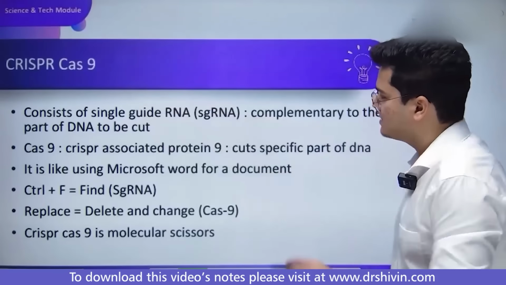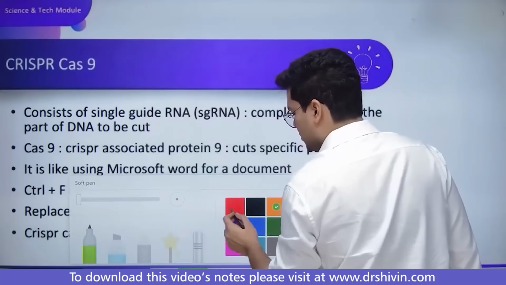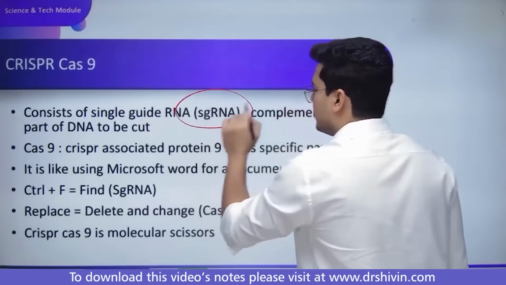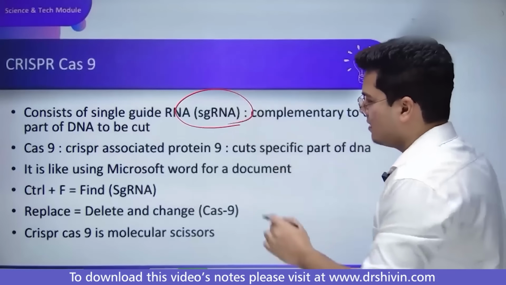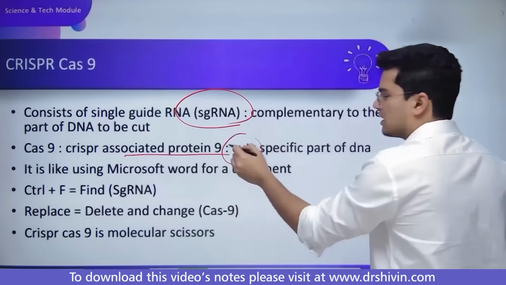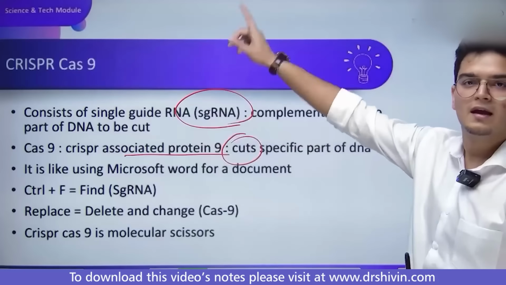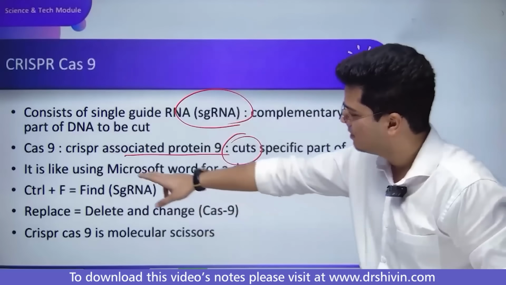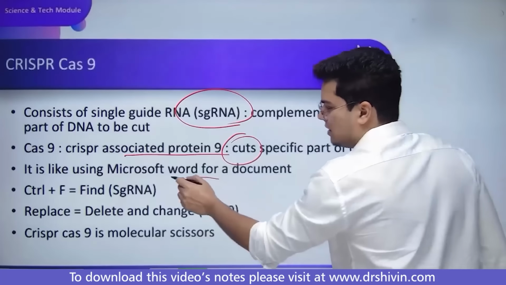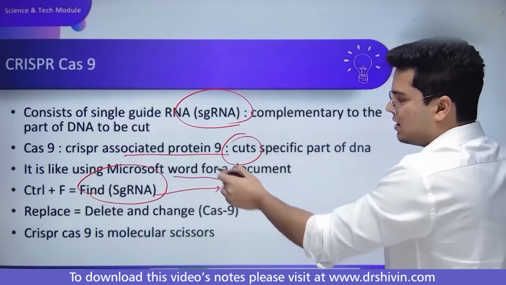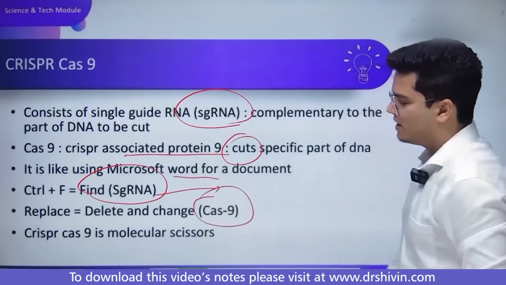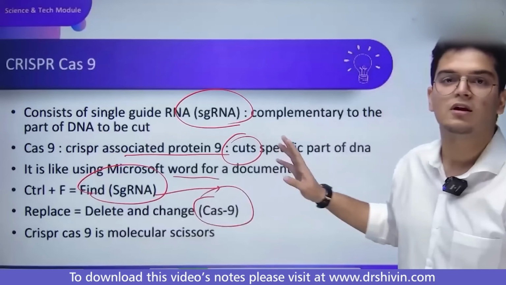So CRISPR-Cas9 consists of a single guide RNA, one strand of guide RNA, and CRISPR associated protein 9 for the cut, which has two things, helicase and nuclease. It is like using Microsoft Word. Control F is the single guide RNA or the sgRNA, and replace is the Cas9. Therefore, CRISPR-Cas9 is a molecular scissor.